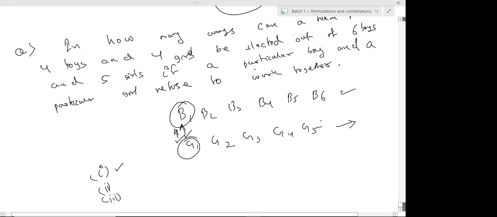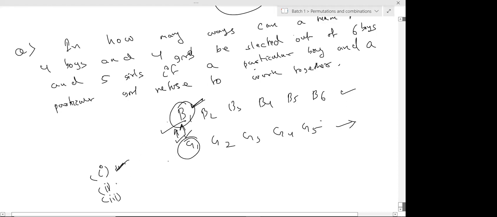In the first case, take that B1 is working. Because see, three scenarios are possible. Either B1 is working in the team, or G1 is working in the team, or neither of them is working. No scenario except these is possible. So take the first scenario as B1 selected in the team.